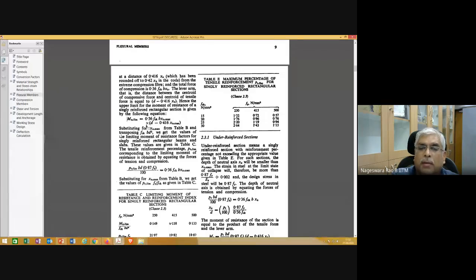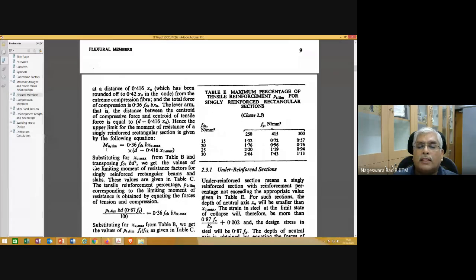Let me magnify a little bit. Take a note of this equation. Now take d common out, and it is going to become 1 minus 0.416 xu max divided by d. You can also divide this xu max with d and then make it b d square.